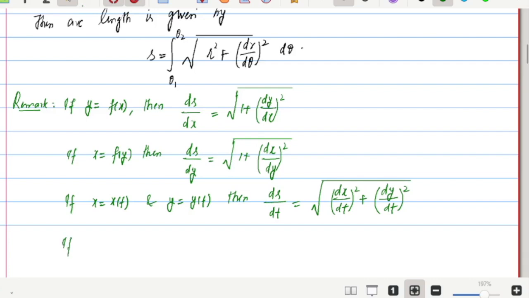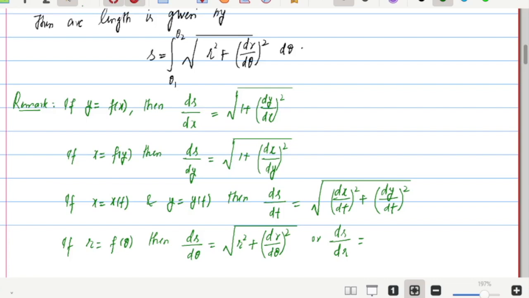And lastly, if we have the function r is equal to f of theta, then this ds by d theta, this is defined as square root of r square plus dr by d theta whole square. और similar lines, और हम ऐसे भी डिफाइन कर सकते हैं ds by dr. This is equal to square root of 1 plus r square d theta by dr whole square. So these are certain formulas that we need to remember when we are studying the arc length of the curve.